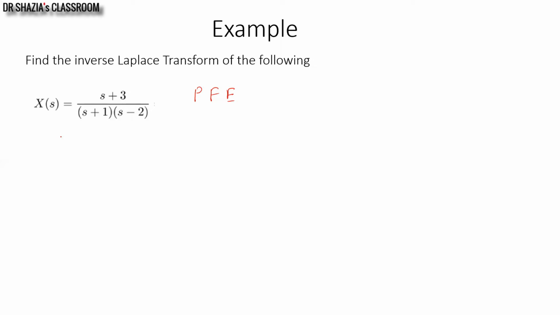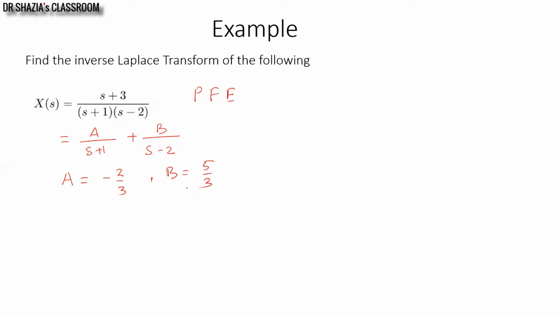So x of s can be decomposed into a by (s plus 1) plus b by (s minus 2). Yes, the values of a and b you need to calculate. I have calculated the values of a as minus 2 by 3 and b as 5 by 3.